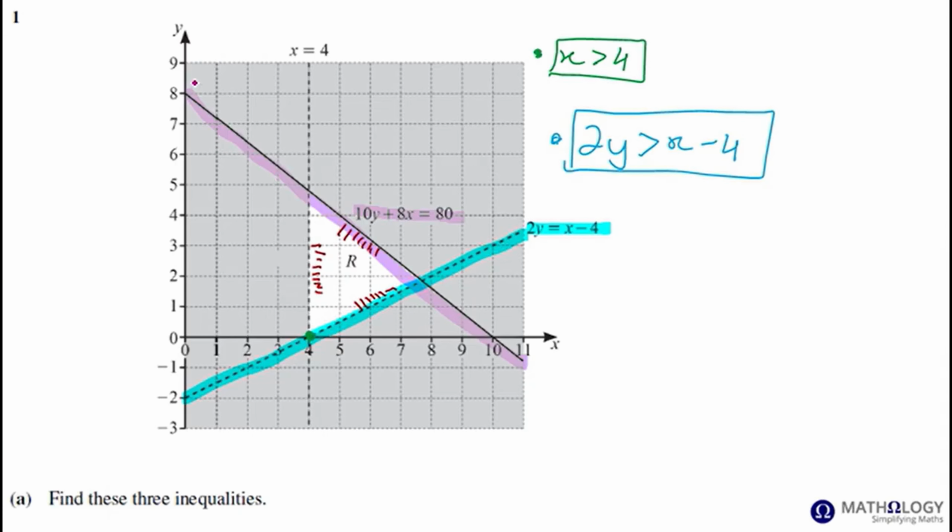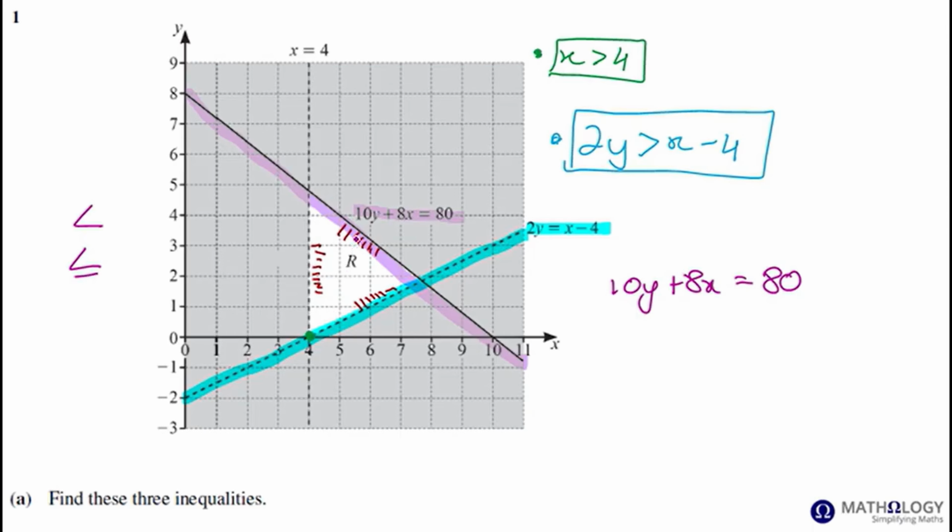The last inequality is the purple marked straight line. The equation of that line is 10y plus 8x equals 80. Now, the region R lies below this line, and below a line is indicated with an inequality less than or equal to relative to y.